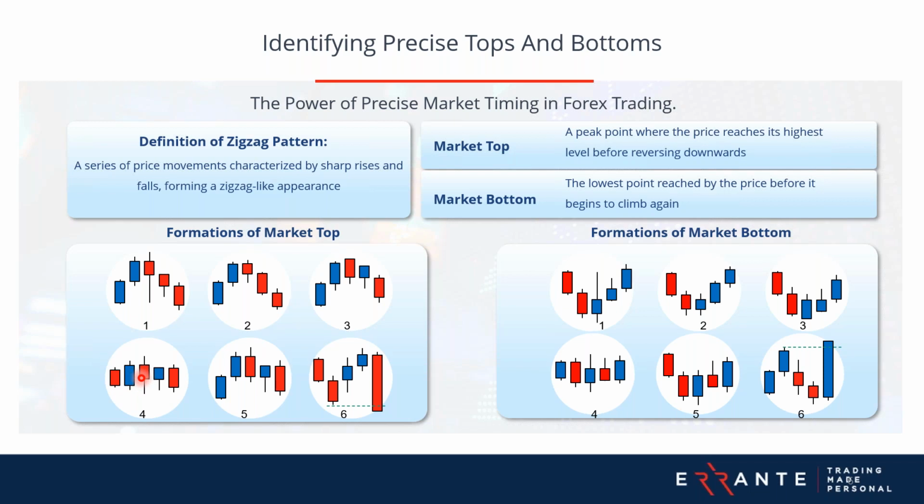But the key is that firstly, we are looking for a candlestick that is the highest high among a group of five candles. In that case, we can easily identify the market top among these five candlesticks. And then the fifth formation illustrates an initial high peak followed by a lower high.